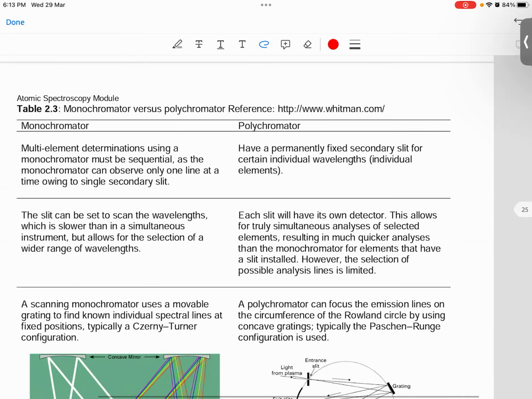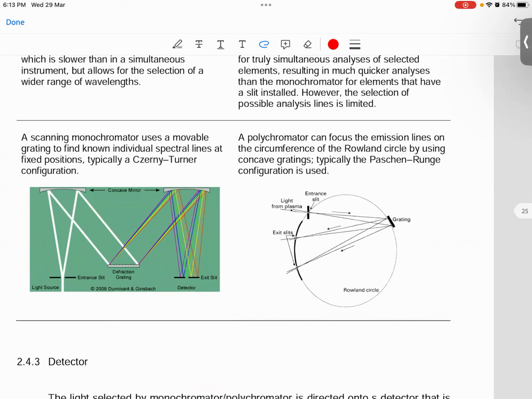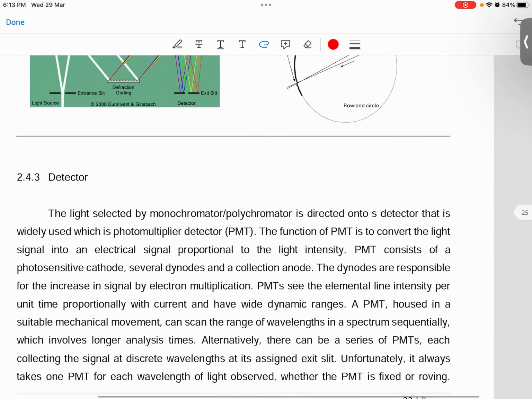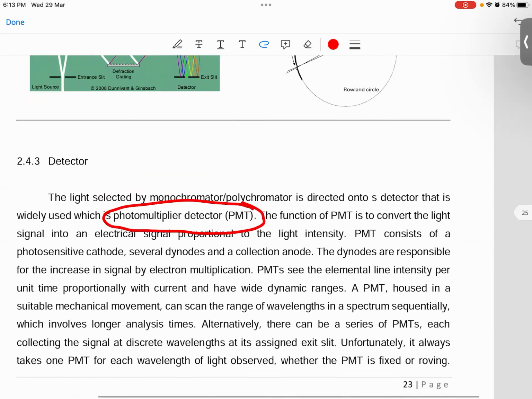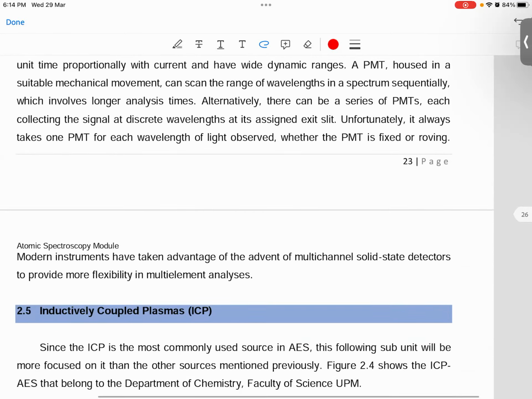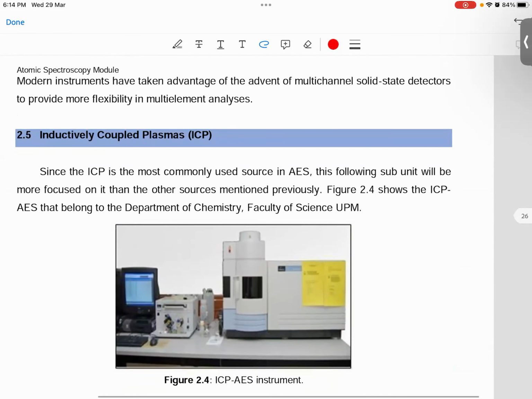These ones are all similar to what we discussed in AAS. The function of the monochromator and the detector is almost similar. You can see that it is using a photomultiplier tube detector, PMT, so it's similar to AAS. So this is what we are interested in, inductively coupled plasma.